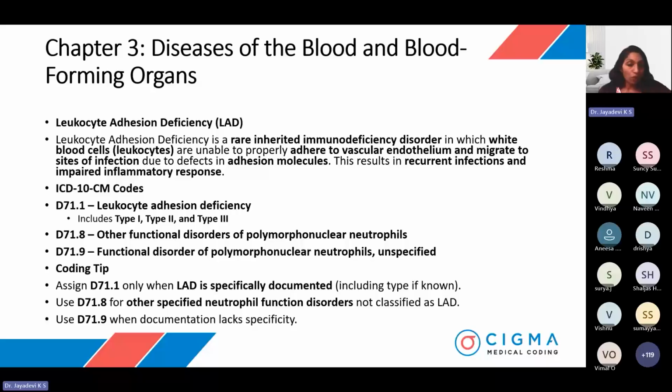You can use D71.1 only when LAD, leukocyte adhesion deficiency, is specifically documented, D71.8 for other specified, and D71.9 when the documentation lacks any specificity.